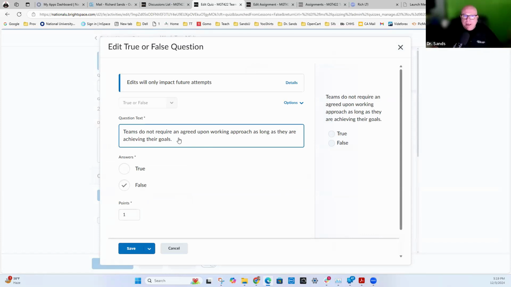And so that's a true or false, and the answer is false, right? Teams do require an agreed upon working approach to achieve their goals. Other than that, it's like a shotgun effect, right? So, like I said, you may or may not get this one because it comes out of a bank of questions. So that'll give you an idea of what the questions look like.